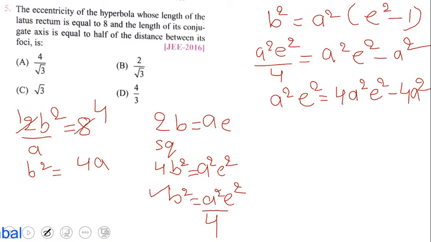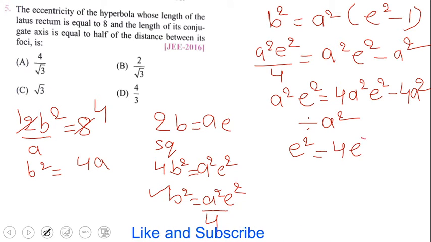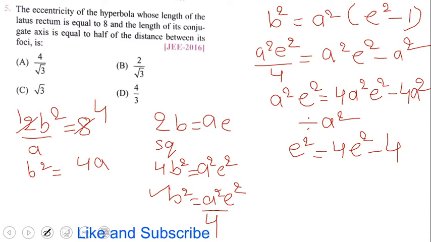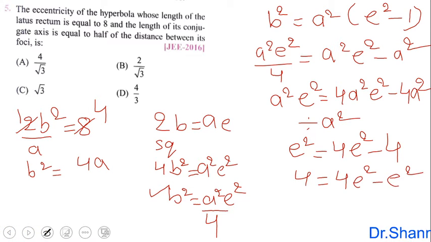Then simplifying, everywhere a square is common, so we divide by a square. We get e square equal to 4e square minus 4, so 4 equal to 4e square minus e square.